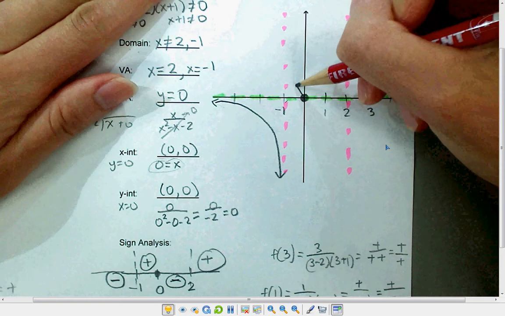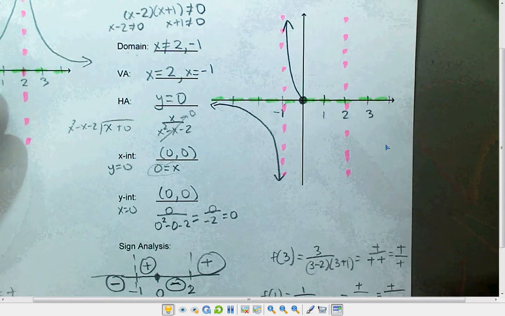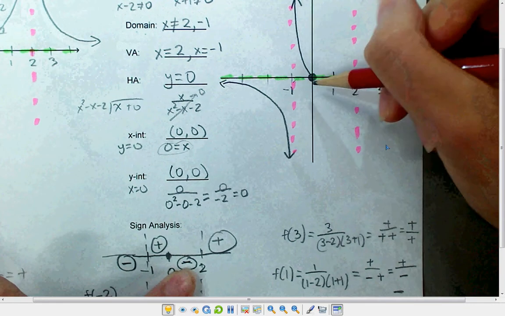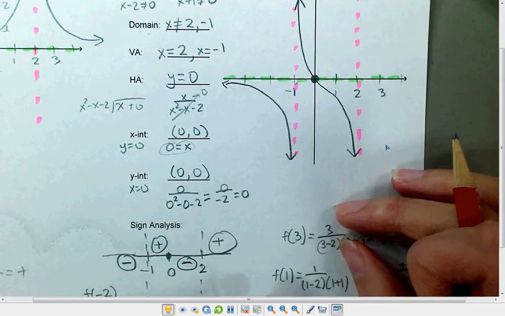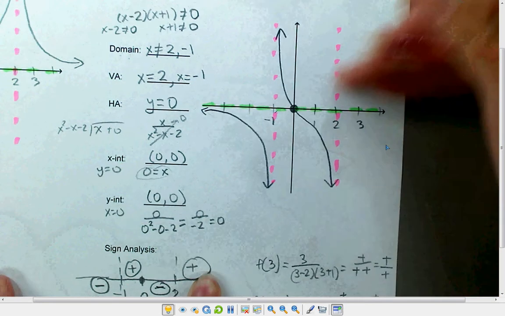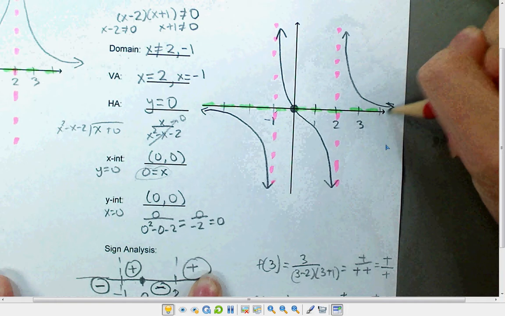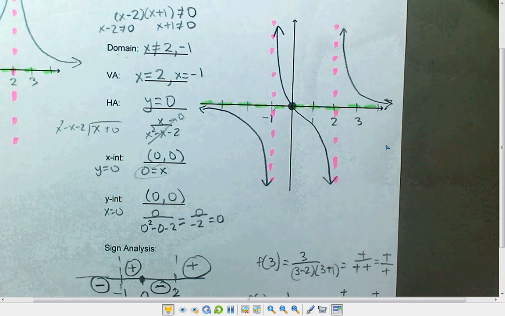So this should be going up towards this asymptote, because it should always be approaching an asymptote. Between 0 and 2, I want it to be below the x-axis, so this one should be going down towards this asymptote, since it's below. And finally, on the right side of 2, so on the right side of this asymptote, this should be above, so this section is going to be above the x-axis, approaching both asymptotes. This is my final graph for number 3.